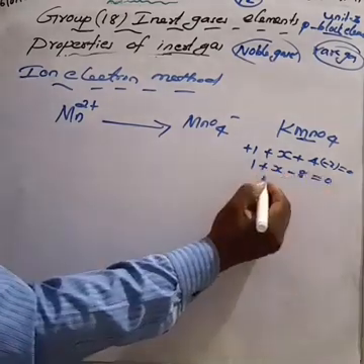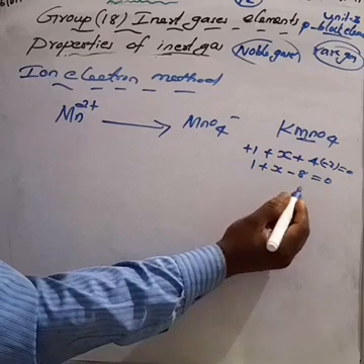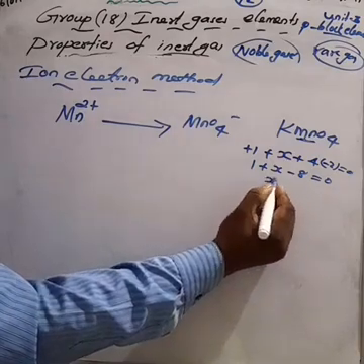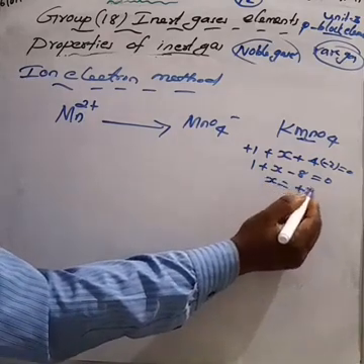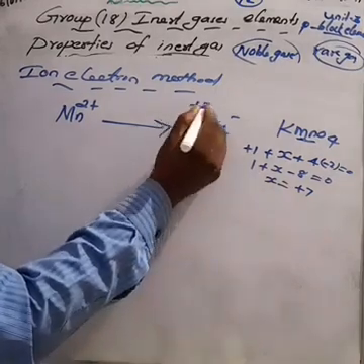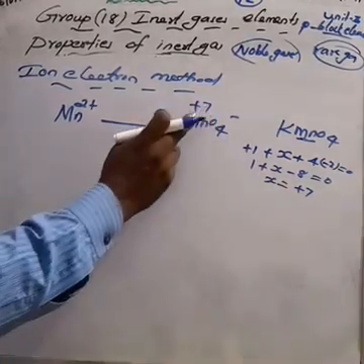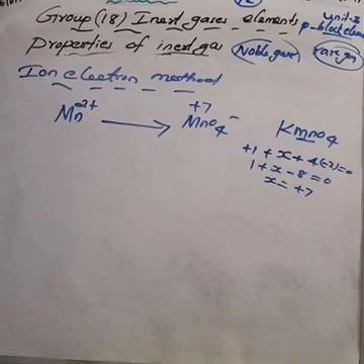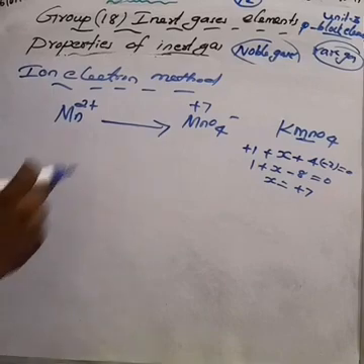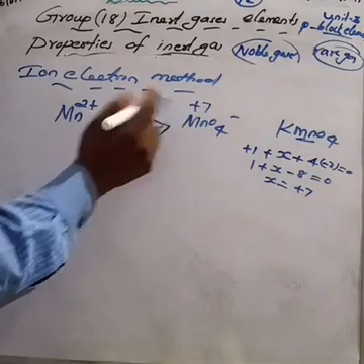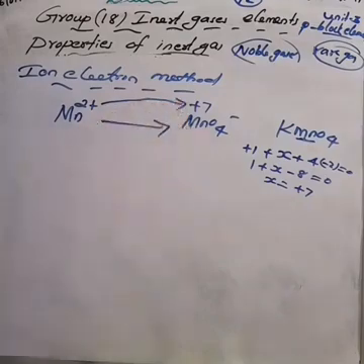So 1 plus X minus 8 is equal to 0, X is equal to 7. So in MnO4- the oxidation state is +7. That is, +2 oxidation state is converted into +7 oxidation state. That is one reaction.